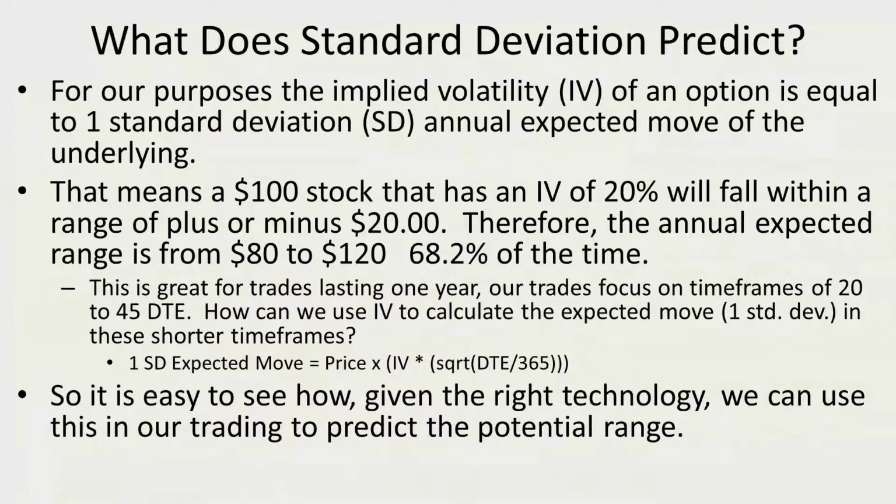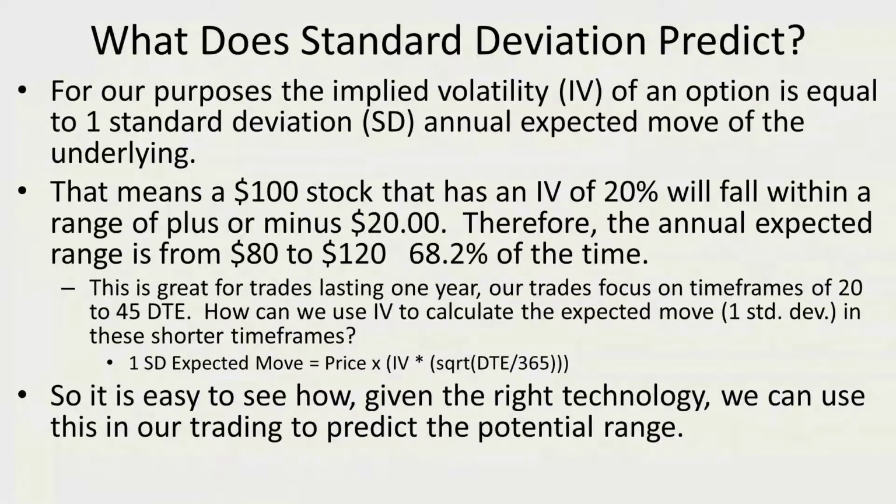So the expected range of the stock over one year is 80 to 120. The price of that stock is going to stay between 80 and 120, 68.2% of the time, one standard deviation. That's how implied volatility and standard deviation are joined at the hip, because the implied volatility tells us what one standard deviation is.